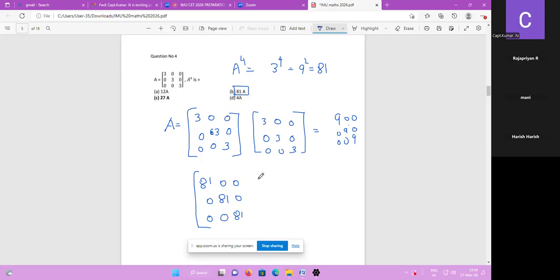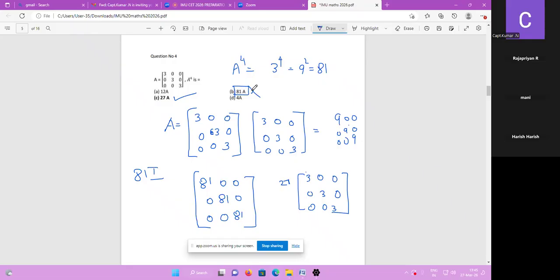They are asking, if I take 81 out, it does not become this. If I take out 27, this becomes 3, 0, 0, 0, 3, 0, 0, 0, 3. So the correct answer will be 27 into A.